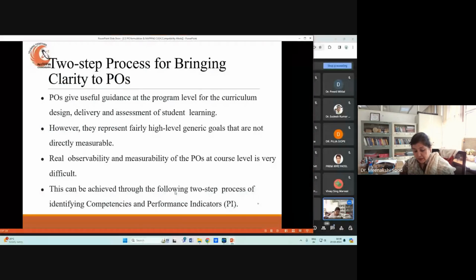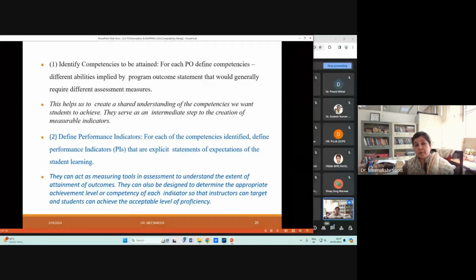But with the coming changes in the NEP, the UGC has also said OBE should now be implemented on non-technical or non-engineering subjects also. So it is very important to understand what the POs are focused on and how they have been developed, and we should get a clear-cut picture of how the POs are attained.